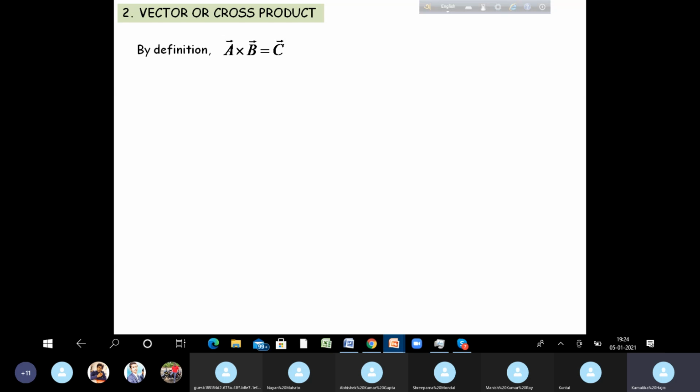So by definition, this is how we define cross product. Okay, A cross B equals C, and as you can see, the result C is a vector.